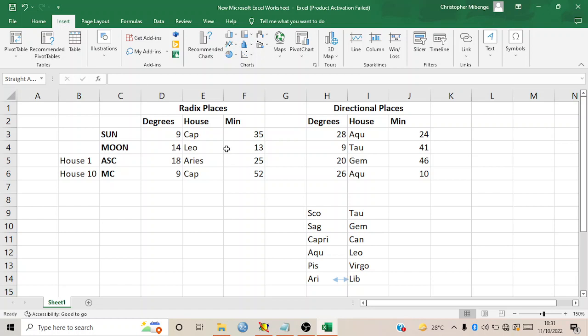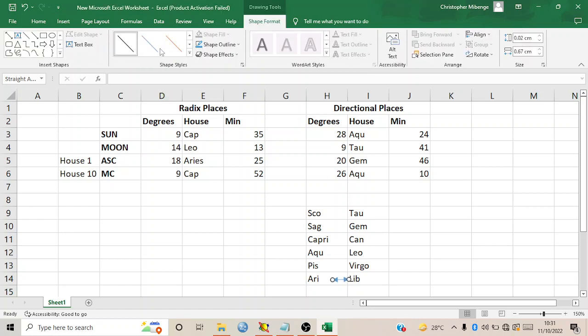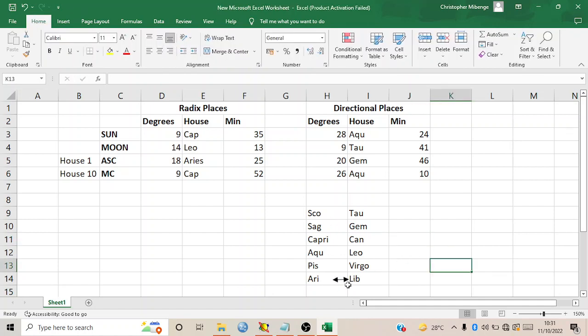So all these houses: Aries is opposite Libra, Pisces is opposite Virgo, Aquarius is opposite Leo, Capricorn is opposite Cancer, Sagittarius is opposite Gemini, Scorpio is opposite Taurus. So I'll start with this, right?